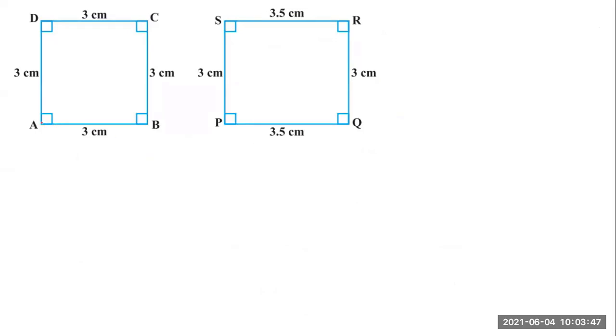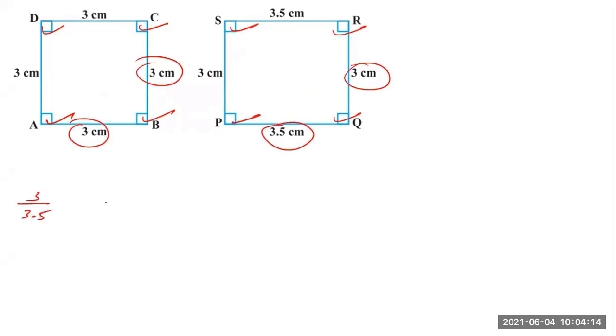So here angle A equal to angle P because 90 degree, the symbol they mentioned. And B is equal to Q, 90 degree. C is equal to R, D equal to S. But sides, 3 by 3.5. Then this is 3 by 3, in the sense it is 1.